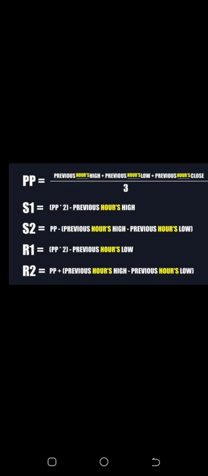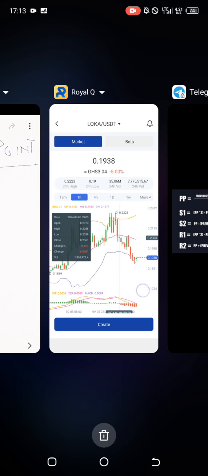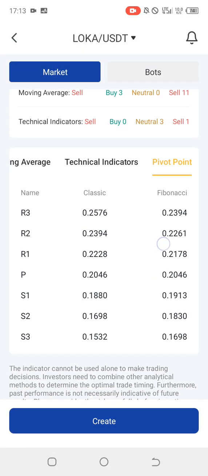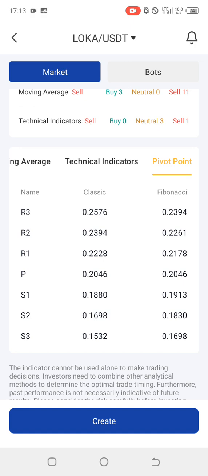Royal Q has the pivot point classic standard calculation. I just want to give you a fair idea of how the pivot point works and why we have the S1, the S2, and all the stuff. A lot of people are asking, especially those who are new to these things.